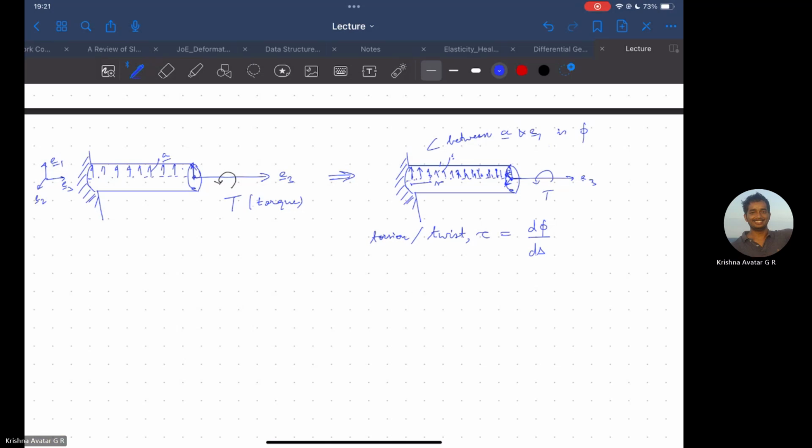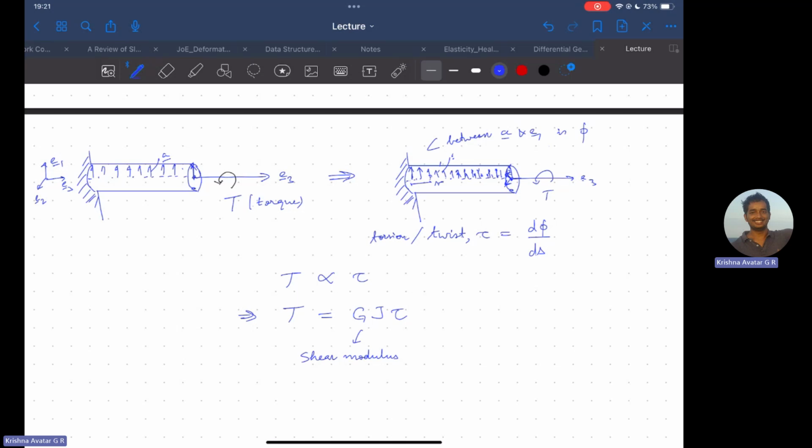Now we have a relation between torque and twist. Again, T is directly proportional to tau, and then T is equal to G J tau, with the proportionality constant being G J. Now G is what we call the shear modulus.